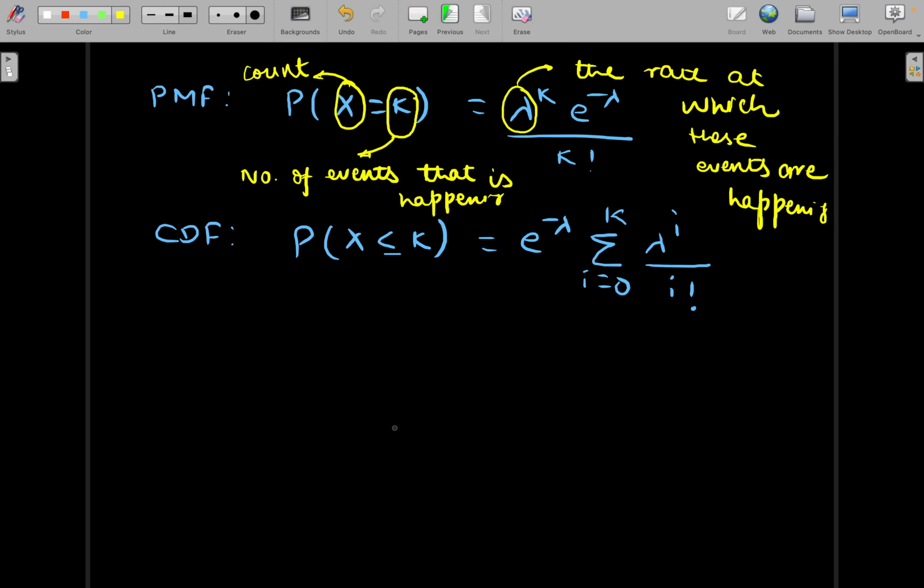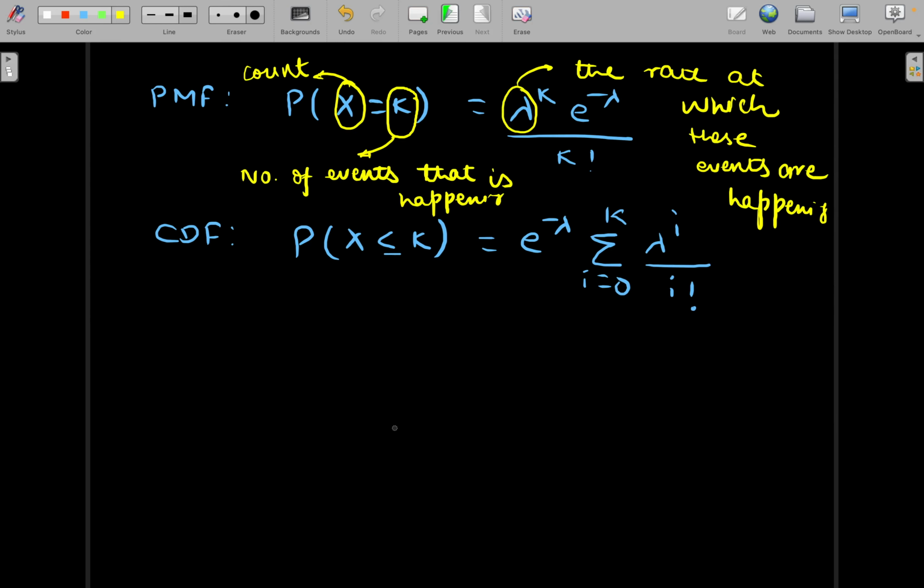So let me wrap up all these things. First of all, what is Poisson distribution? This is one of the most widely used probability distributions in data science, and for the formal definition you can write: how often rare events happen randomly over time or space, right?